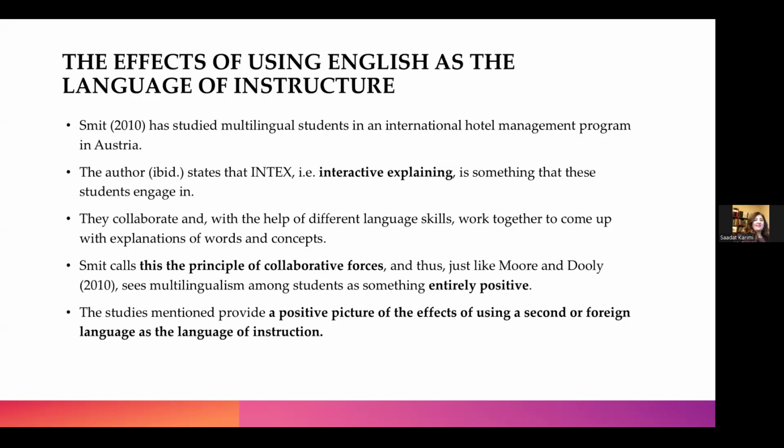They collaborate and with the help of different language skills, they work together to come up with explanations of words and concepts. Smith calls this the principle of collaborative forces. Thus, just like Moore and Dolly, Smith sees multilingualism among students as something entirely positive.